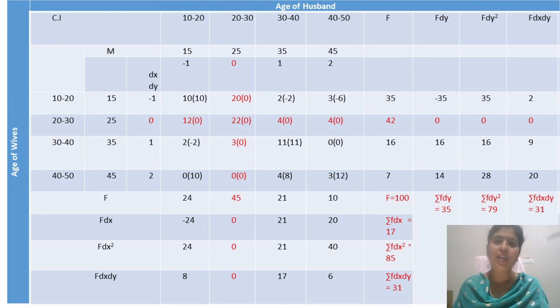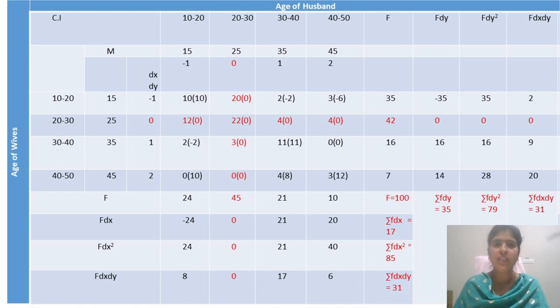Only we want to see regarding the frequency. What is there in the box? 2 plus 3 plus 11 plus 0, 16. 0 plus 0 plus 4 plus 3, 7. Now total frequency is 100.